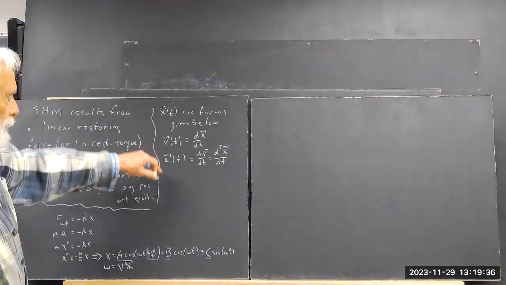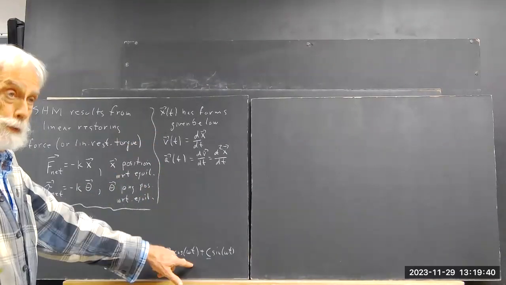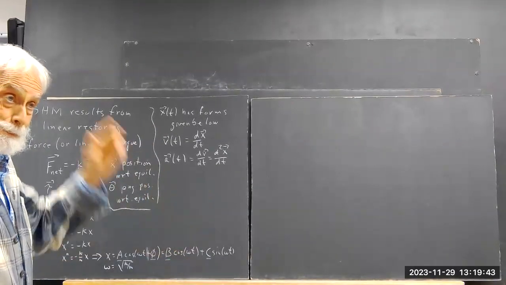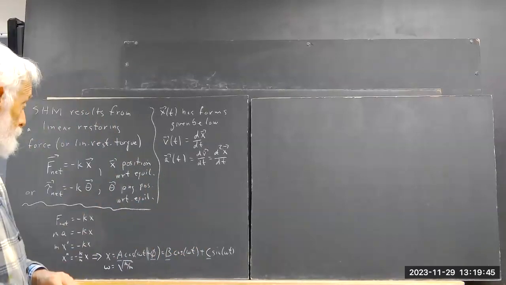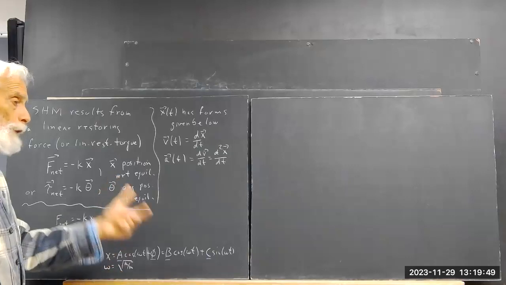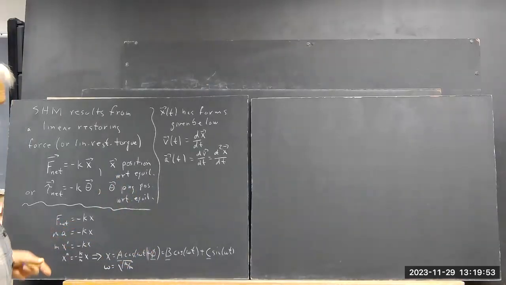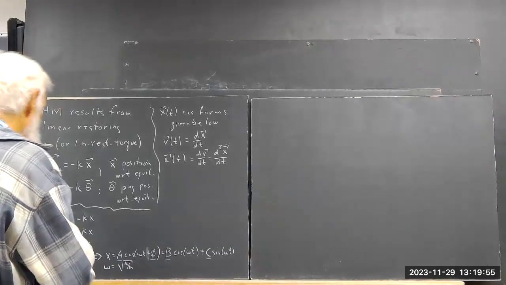You can get your velocity and acceleration functions just by taking derivatives of this or this, or both. So all that comes out very, very simply from this premise. This is where we start.